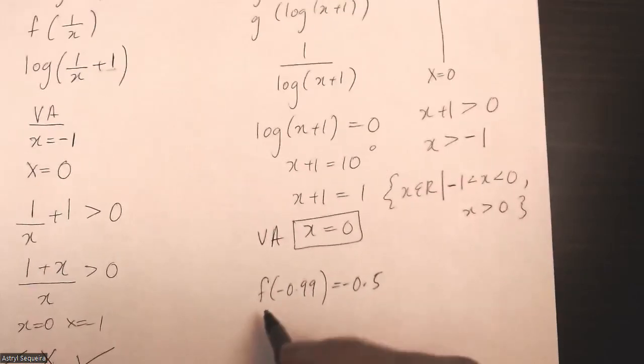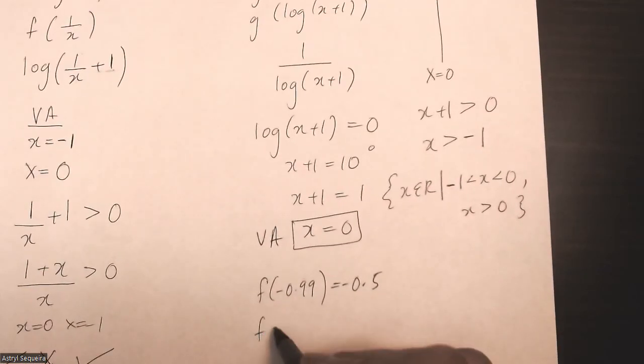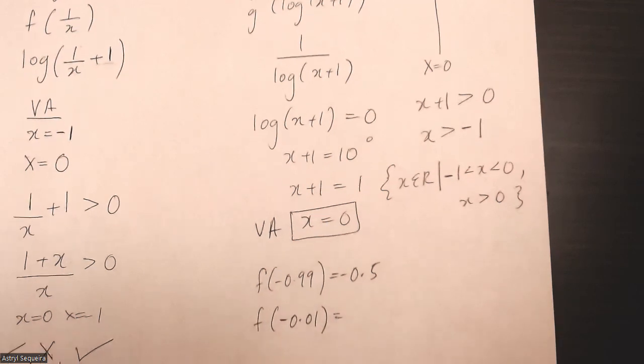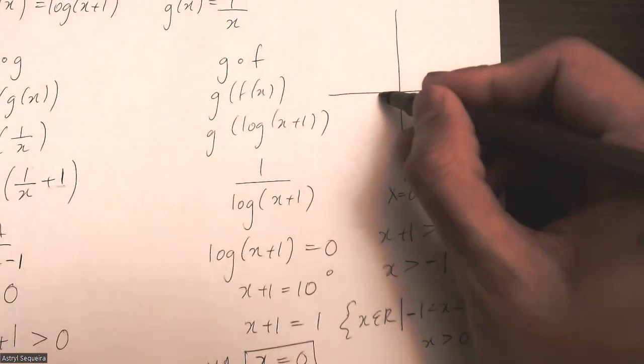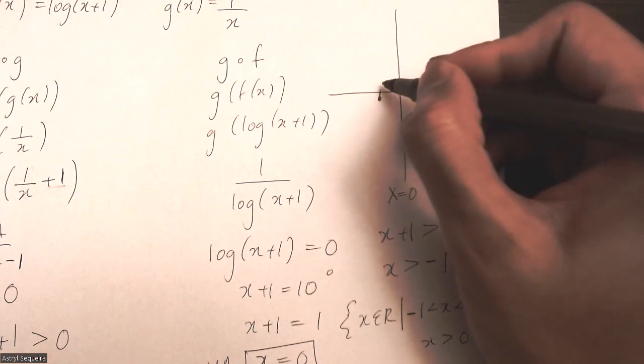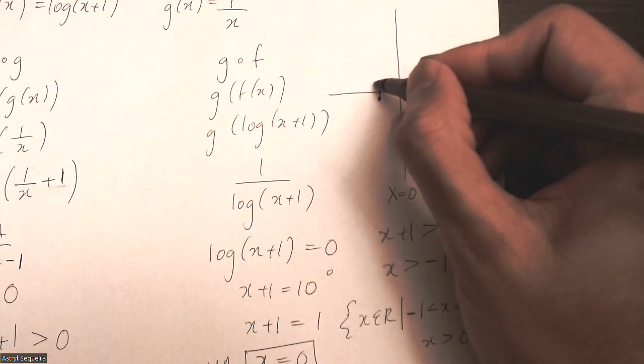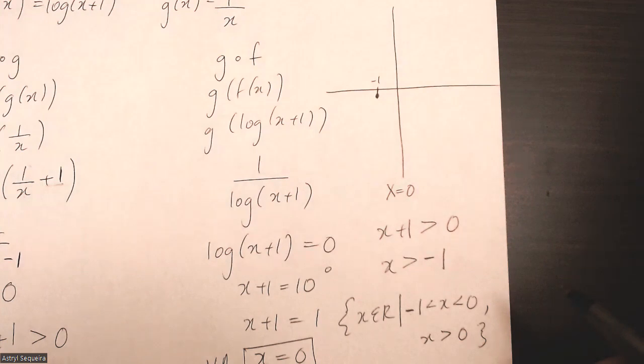So next I'll test my vertical asymptote. I'll test -0.01 to see what's happening over there. And I'll even put this point over here, which is just here at -1, but slightly below. And it keeps getting closer to 0, but it never basically hits 0.